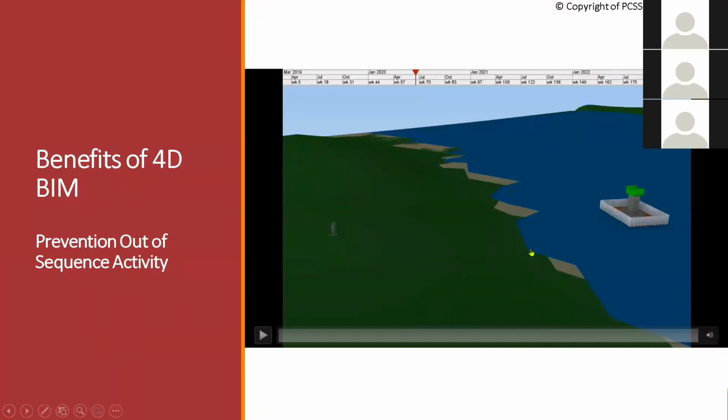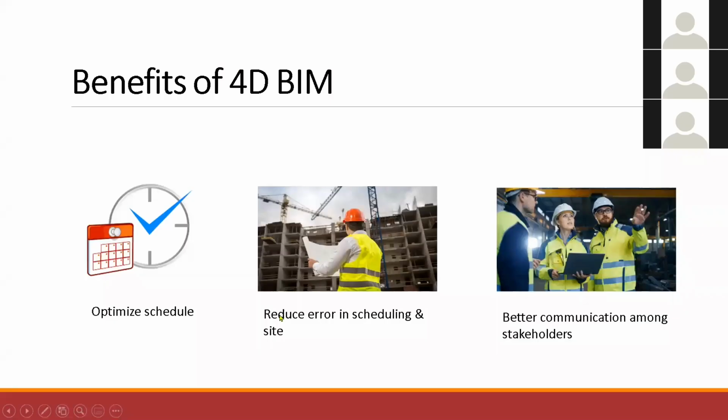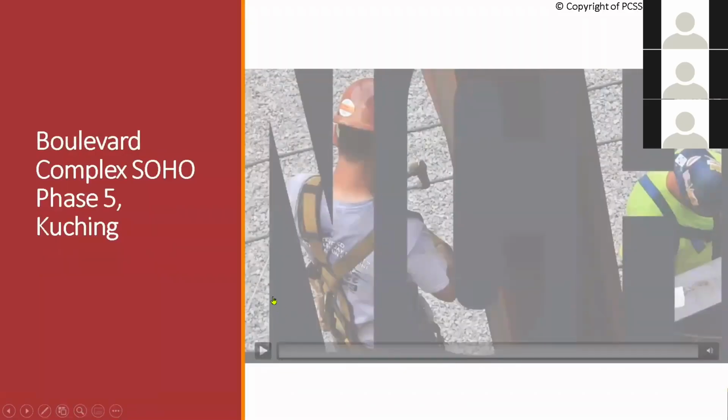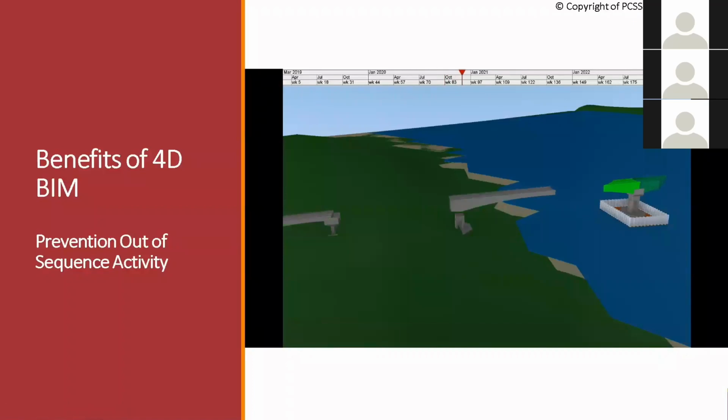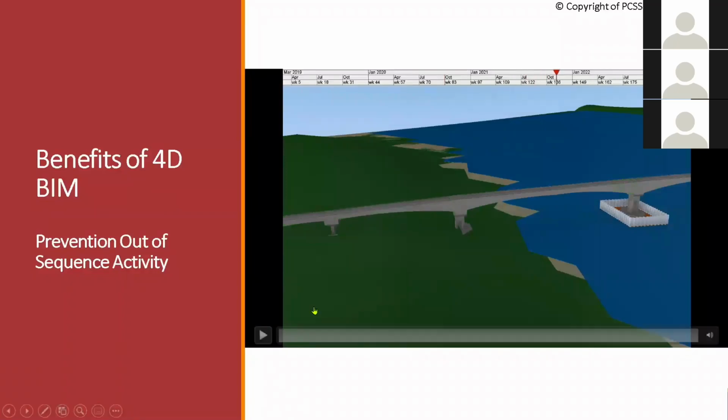The next one is the prevention of out of sequence activity. So let me show you a video of it. Okay. Do you guys notice anything wrong with this video here?